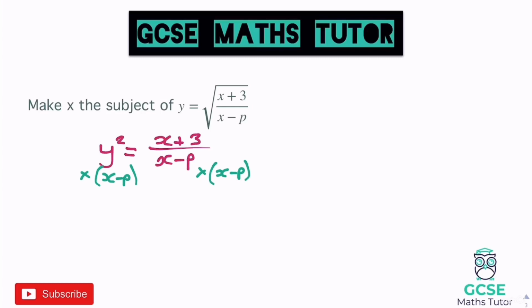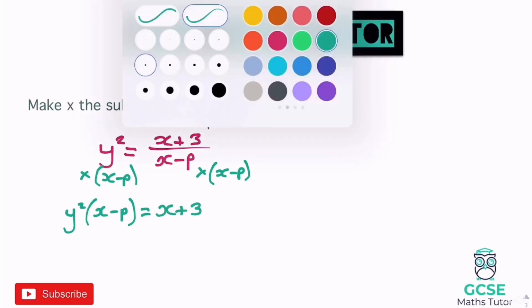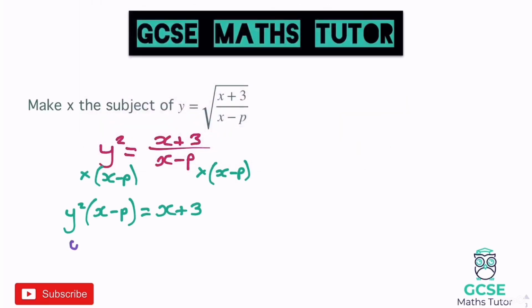Okay, so we've got y squared, brackets x minus p, equals x plus 3. Now, as soon as we've got rid of this bracket, we can start to actually move the pieces out of it. So if we expand the bracket, we get y squared x minus y squared p, or py squared, however you want to write it, and that equals x plus 3.